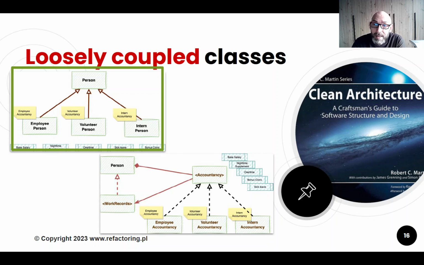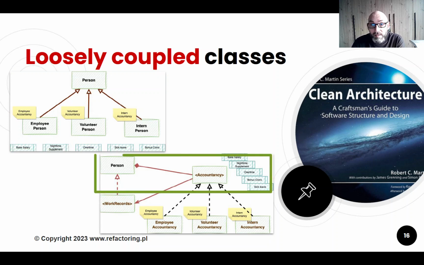The subclass cannot exist without its superclass. But in case of delegation, classes are not tightly coupled, they are loosely coupled. They are associated only by the contract, that's true, but they can live independently.